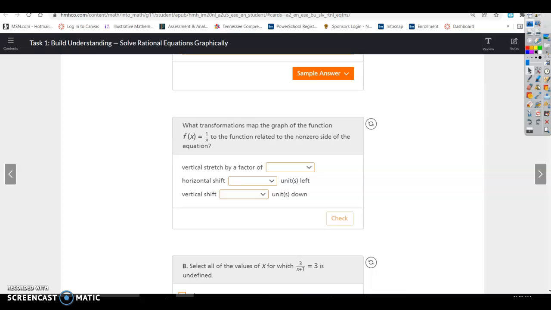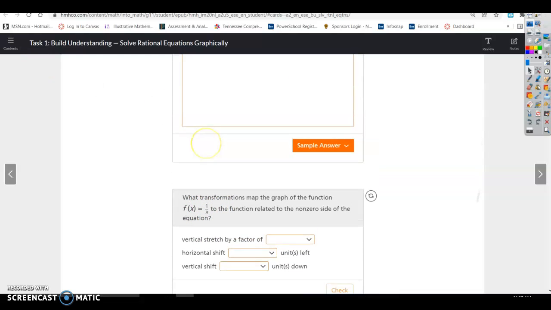All right, so it says what transformations map the graph of the function f of x equals 1 over x to the function related to the non-zero side of the equation. Remember, 1 over x is your parent function. This is the most basic form of a rational equation.